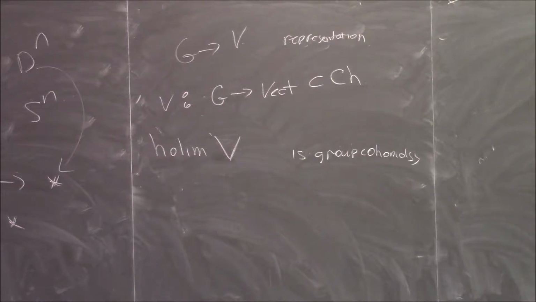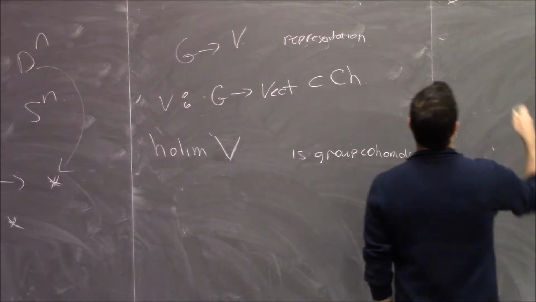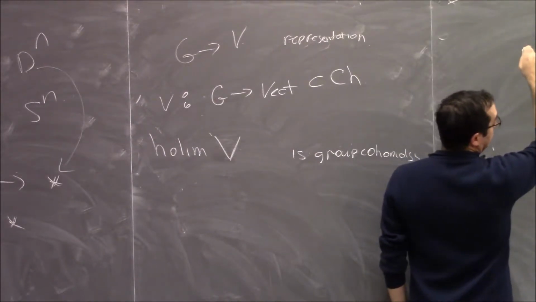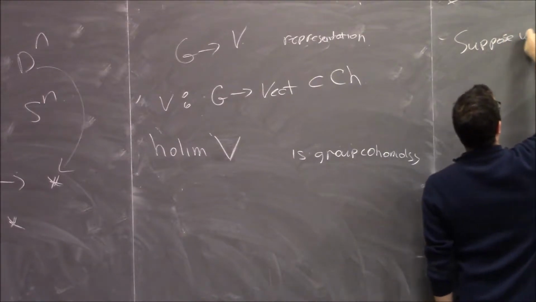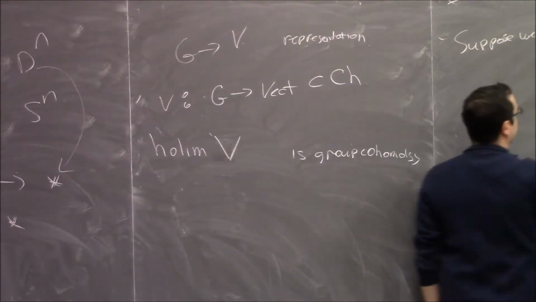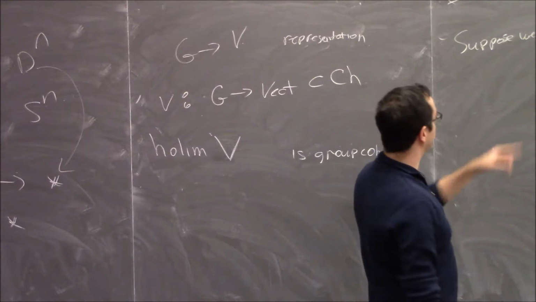Right, so the issue with trying to compute these homotopy limits and colimits is that these nerves get pretty big, so it could get a little unwieldy. So let's look at maybe a special case.